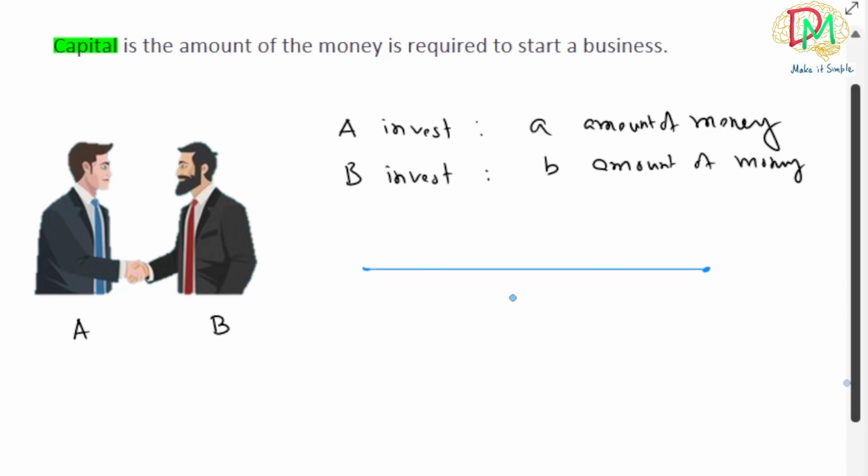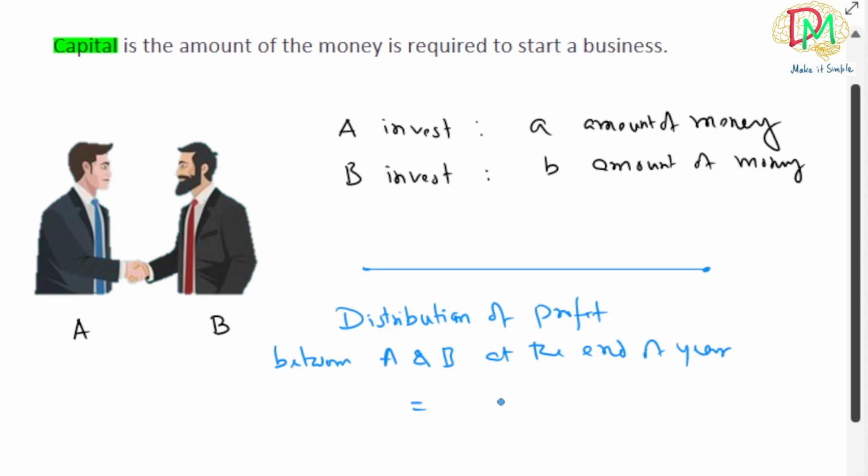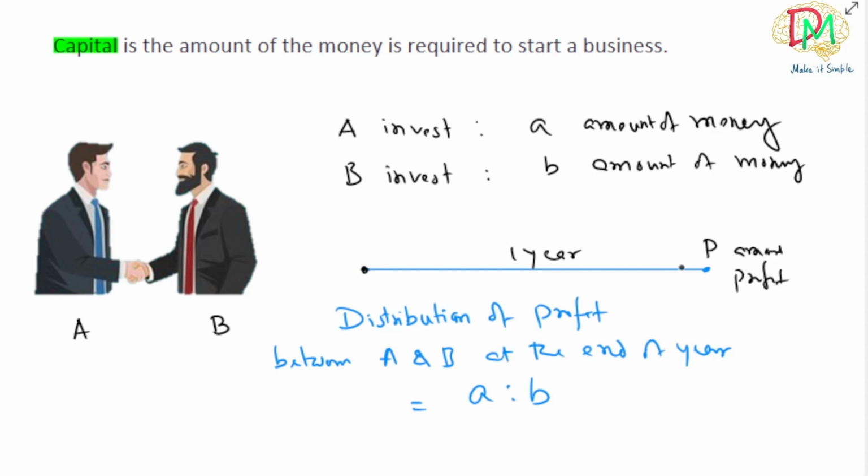If nothing changes in the value over the entire year, the distribution of the profit between A and B at the end of the year will be in the ratio A is to B. Suppose they make a profit of P amount after 1 year. This is the start of the year and this is the end of the year.